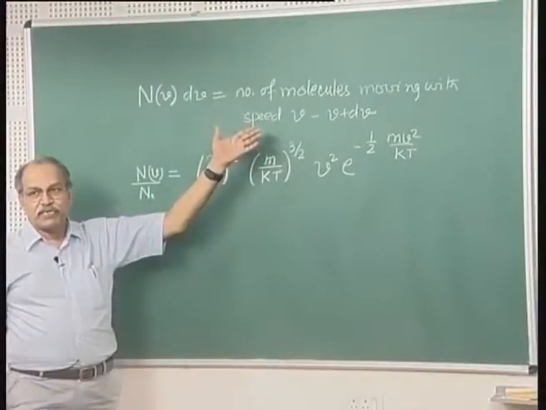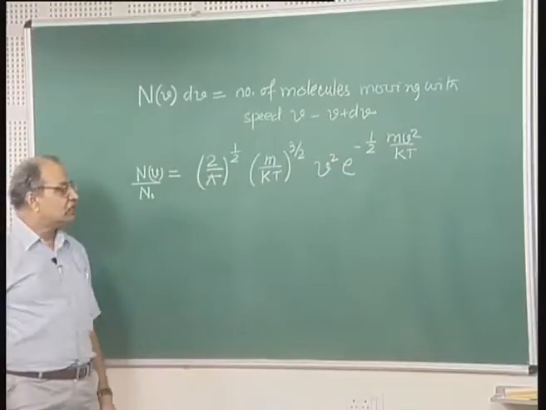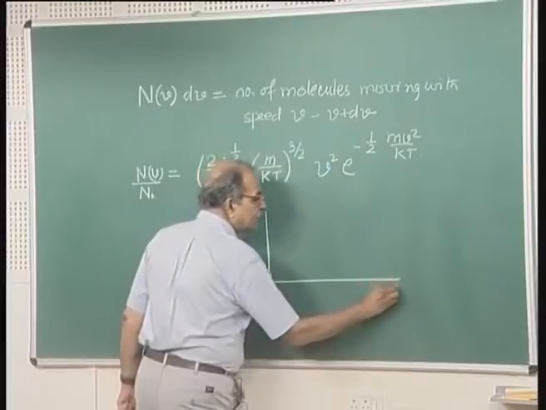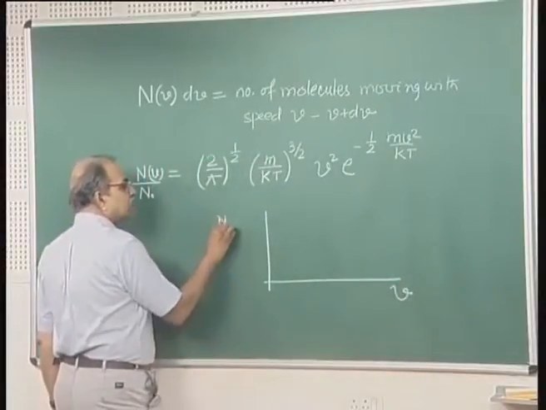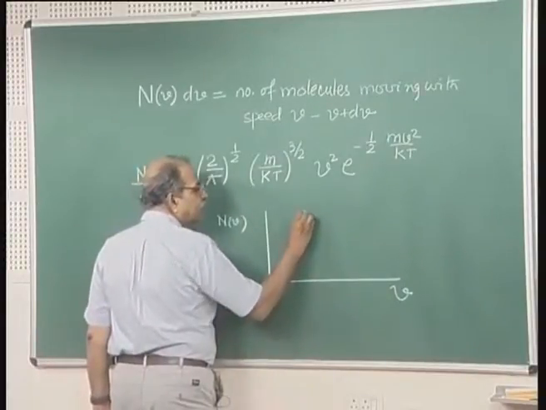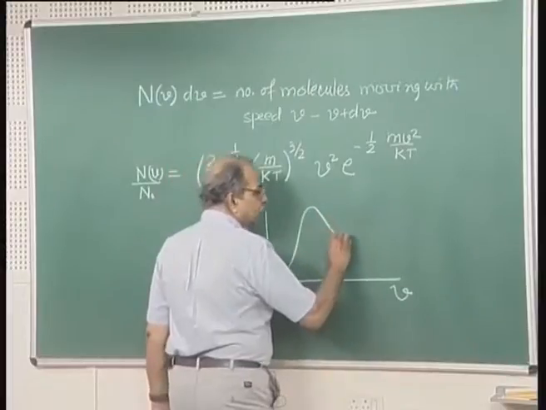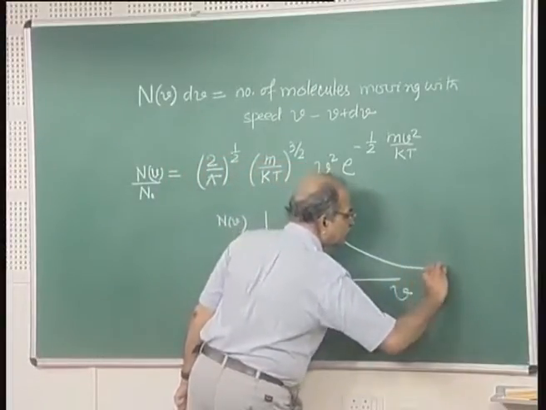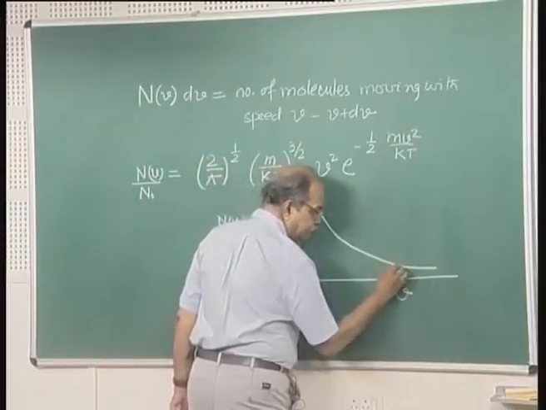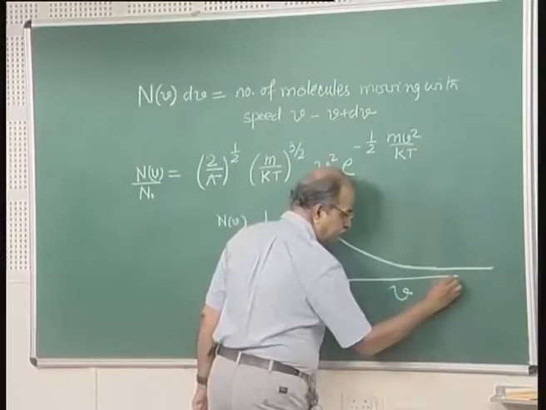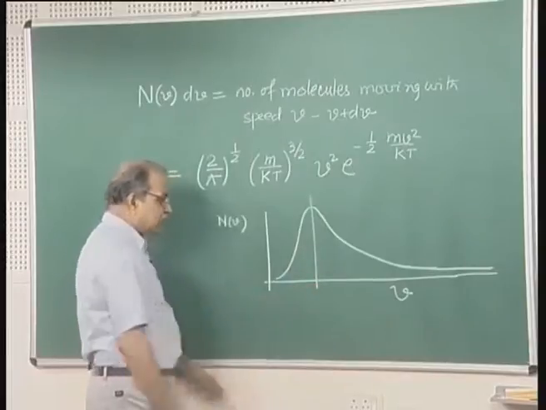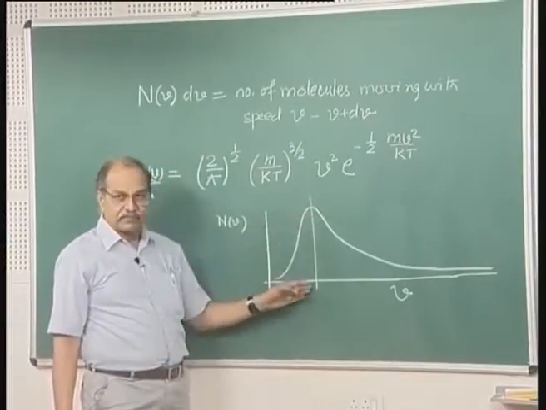And if you make a sketch of this, how does it look against v? Against v, if you plot this N(v), that will reach some maximum and then will decay because of that exponential factor e^(-½ mv²/kT), it will go like this. So, here you have the maximum number of molecules at this speed.